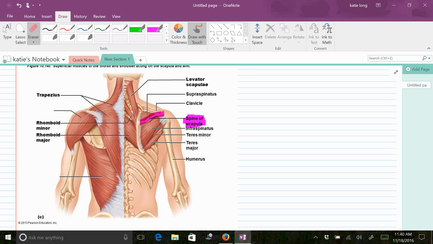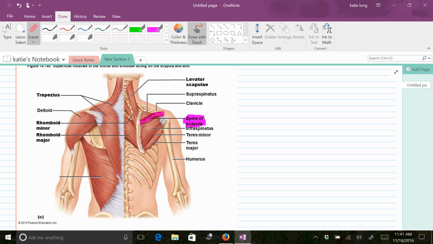Next we have the deltoid. If we just think about, I like this image because we can see the muscles, but we can also see some of the skeletal system. And we always know that skeletal muscles are inserting and originating on the skeletal system, and their action is going to be to move the skeleton, right?